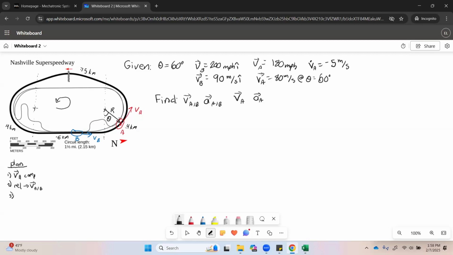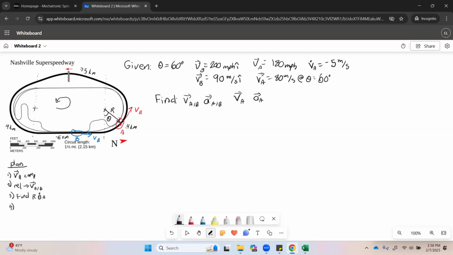And then step three, we need to find the radius of the track and theta dot, the angular velocity of car A. That will help us in acceleration as we plug things into our acceleration formula.